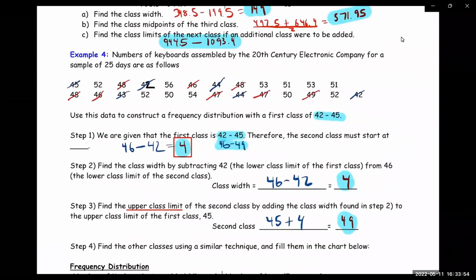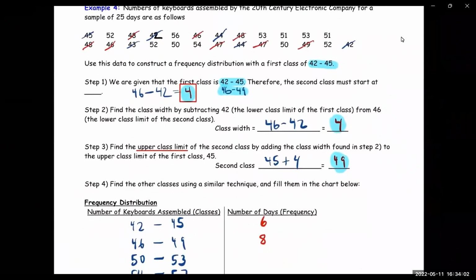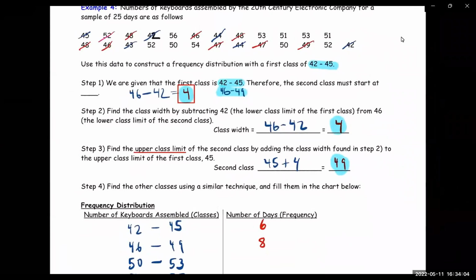So let's choose a different color. How many of those are going to be between 50 and 53? There's 1, 2, 3, 4, 5, 6, 7, 8, 9.